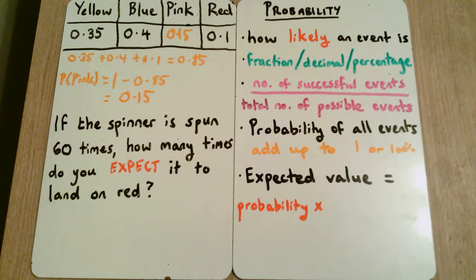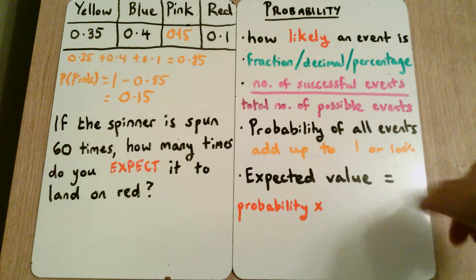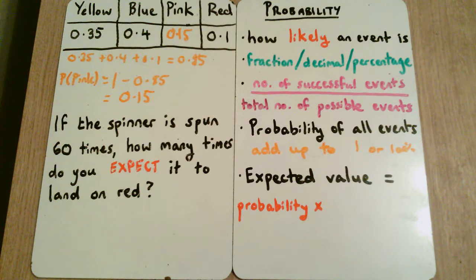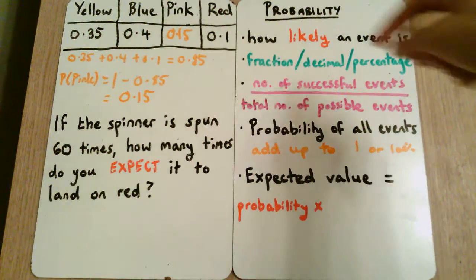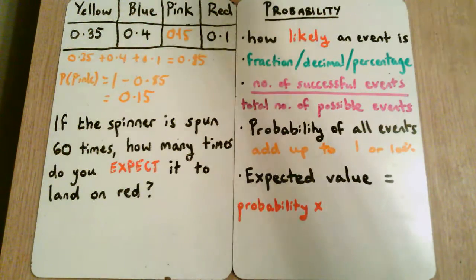So we've simply used the fact that the probability of all events adds up to 1 or 100%. Now we come to our last question, and this comes to this phrase over here, expected value. It says, if the spinner is spun 60 times, how many times would you expect it to land on red? Well, the probability of landing on red is 0.1 or 10%. So that means we should expect it to land on red 10% of the time.